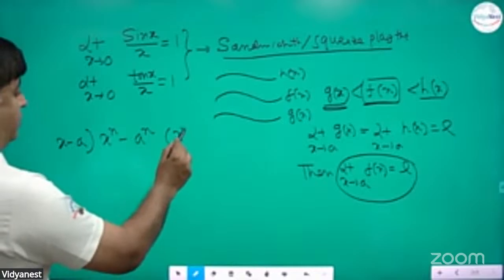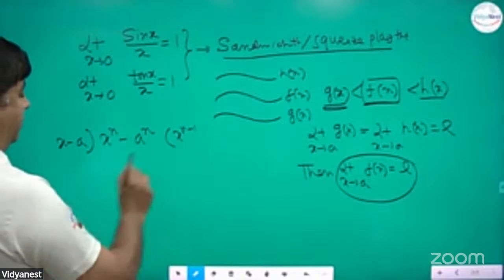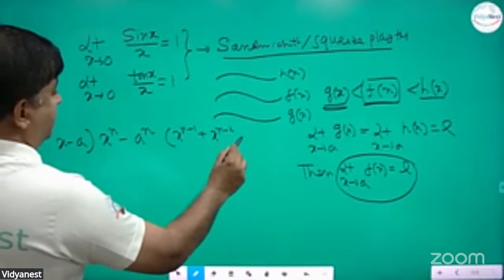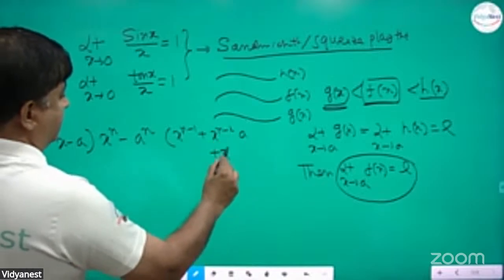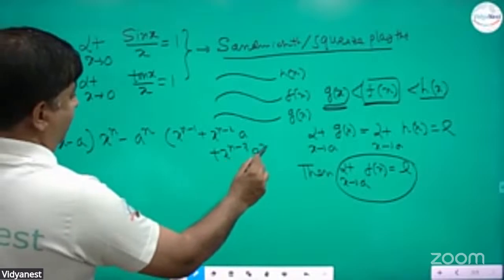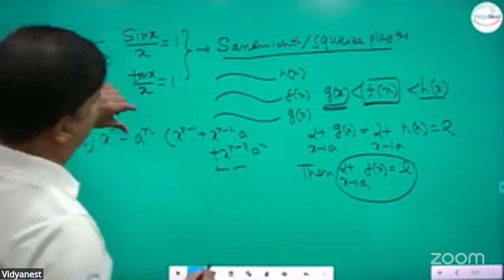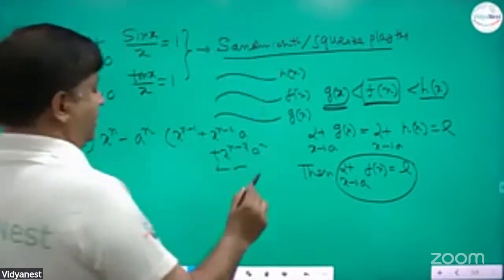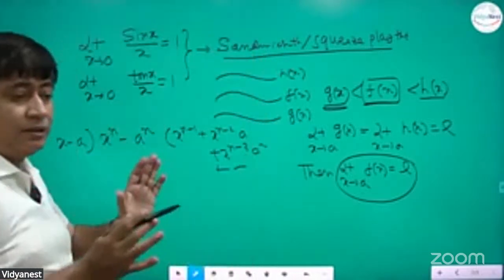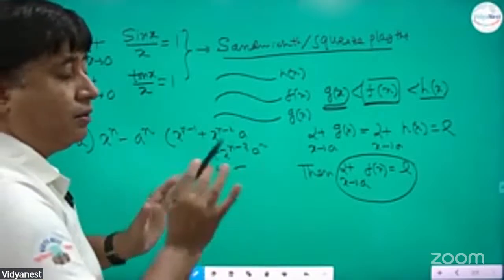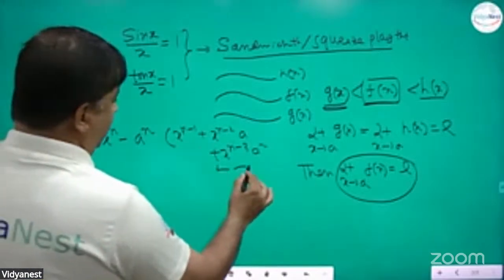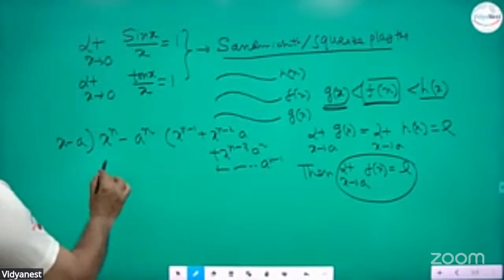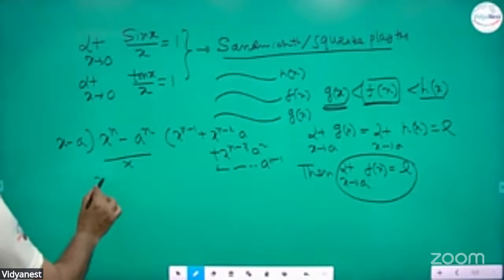The quotient will be x to the power n minus 1, plus x to the power n minus 2 a, plus x to the power n minus 3 a square, and this way, at each stage, x's power is decreasing and a's power is increasing, until a to the power n minus 1. That is the quotient, and the remainder is zero. So what have we got?